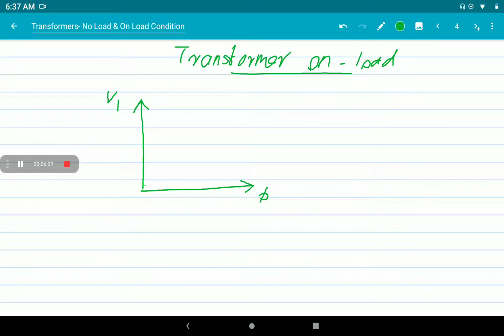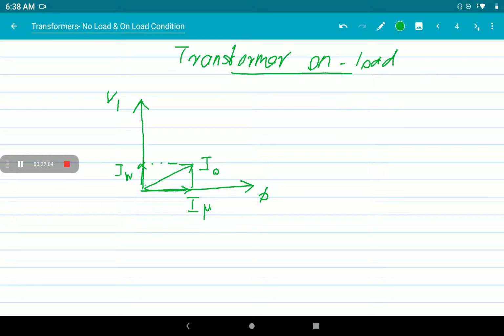So first you have to consider I0. We know that there is a component which is in phase with voltage, the working component, and one is I mu, the magnetizing component here, and the total current on no load is I0. I0 is the no load current.